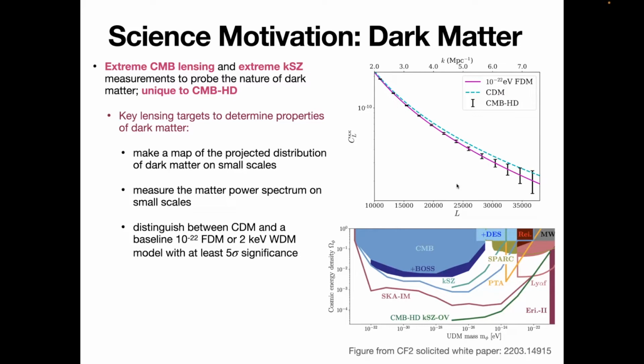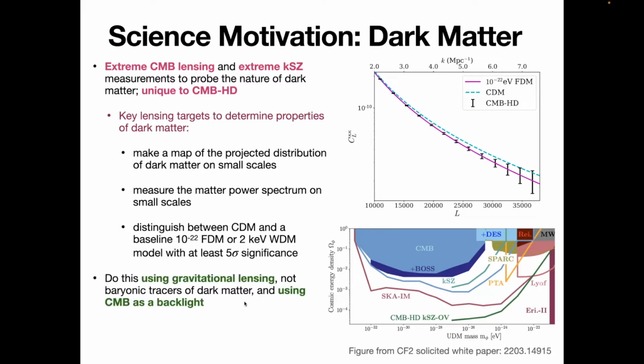And just as this was dubbed extreme CMB lensing, I want to mention one more point: the advantage of using the CMB for gravitational lensing as opposed to optical lensing tracers is that the CMB is really well known. So it's just perfect for this. You know the redshift of the backlight.